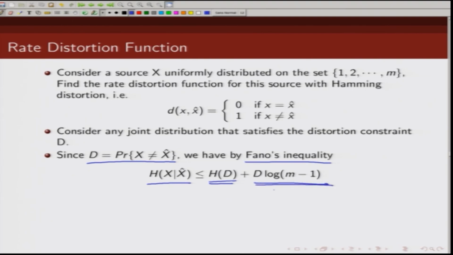This is p log of number of possibilities minus 1. So that is our Fano's lemma. From Fano's lemma we get this.